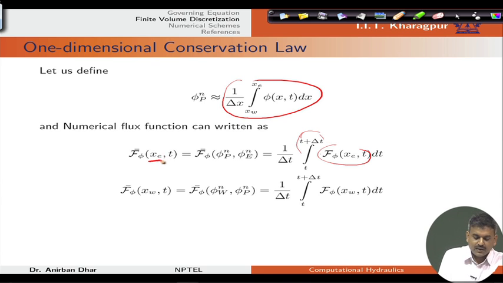So, for the east face we need to consider the P cell and E cell values. For the w face we need to consider the W cell and P cell values. Depending on that we can calculate the flux function.